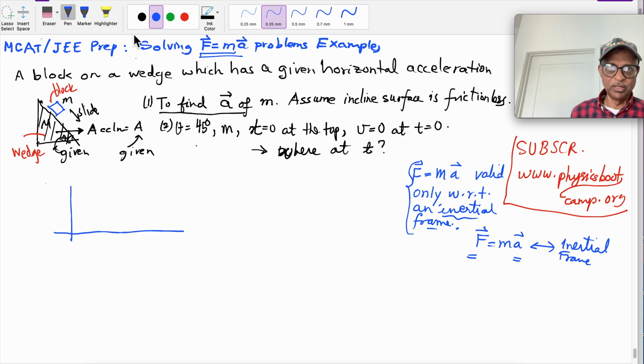If I were to attach a frame that moves with the wedge, this will be some kind of frame attached to the wedge.